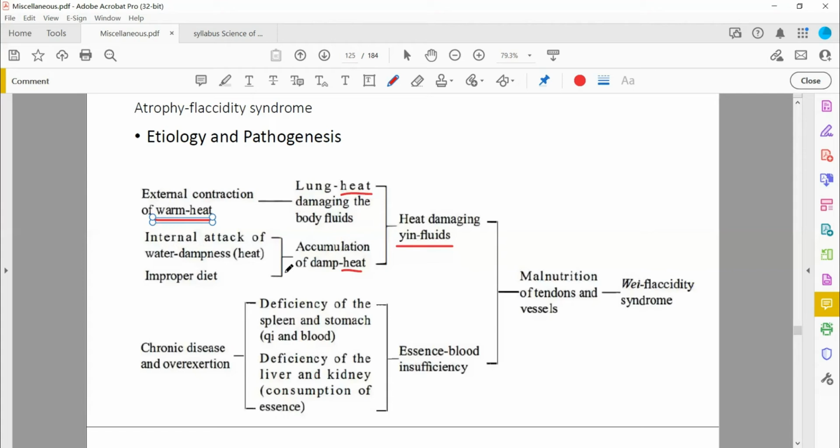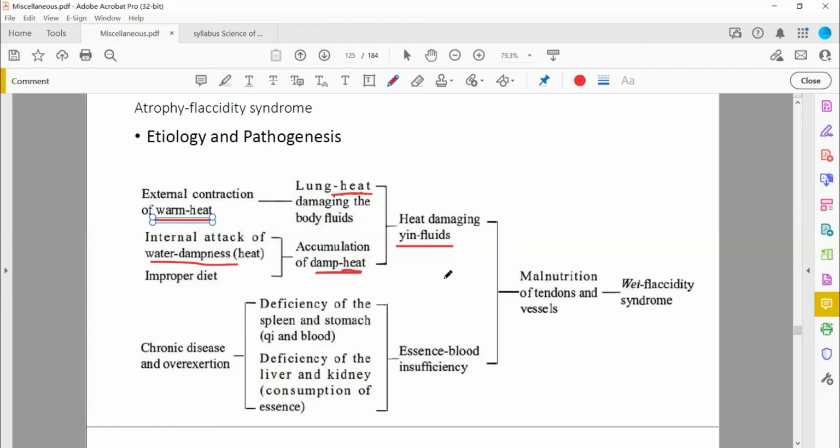So let's see this one. At the very beginning, they all like this one. Warm heat or water dampness, or because of improper diet, there will be damp heat, right? Long heat, damp heat, that's excessive syndrome, right? Excessive syndrome. But this heat will damage the yin fluid. So this one, the yin fluid is damaged.